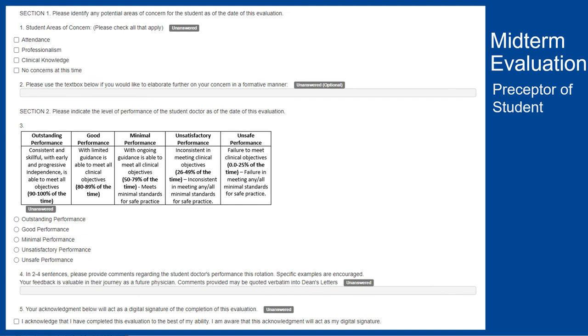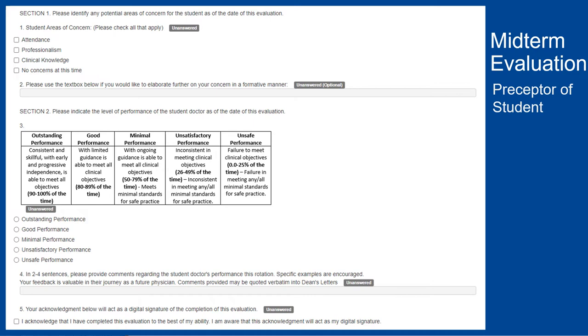The midterm evaluation is a total of 4 questions plus an acknowledgement. Question 1 is about any areas of concern, whether it's attendance, professionalism, clinical knowledge, or you have the opportunity to indicate that you have no concerns at this time. Question 2 provides an open-ended opportunity to elaborate on if you have any concerns about the student.